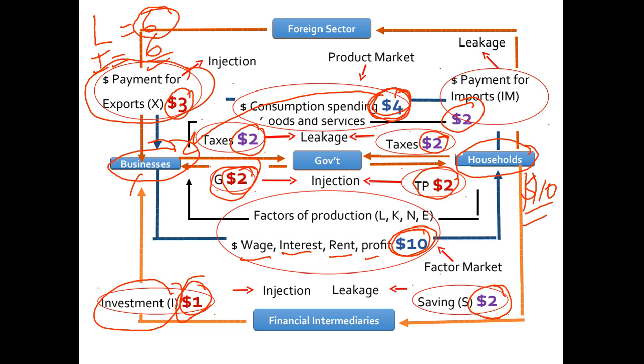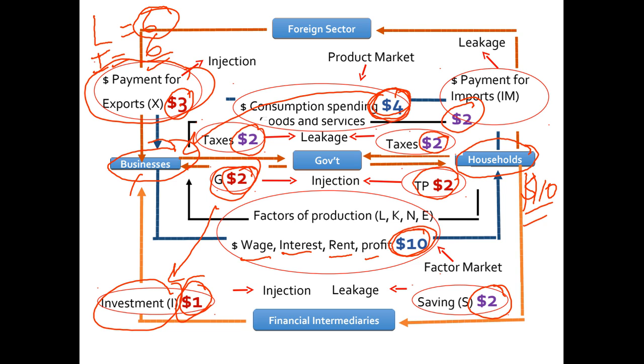In order to increase the demand for their products, so that this business sector can sell their production, that is goods and services, so that they can employ or hire more workers. So employment will increase.